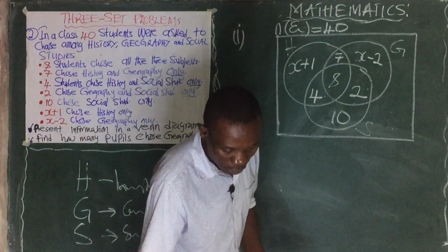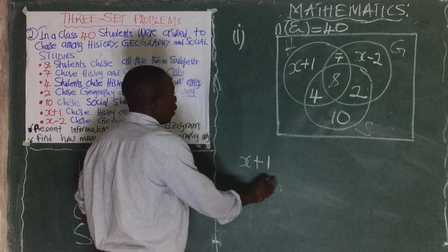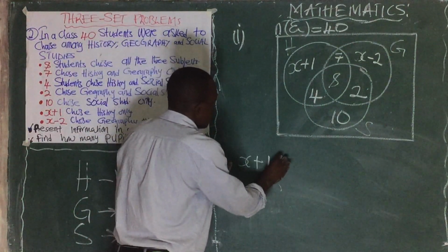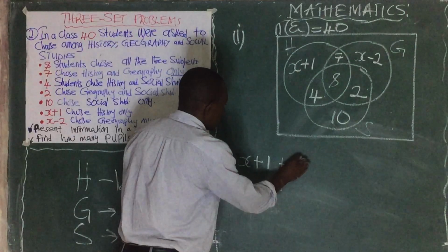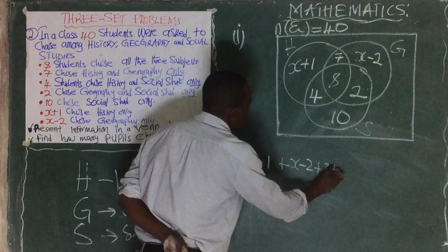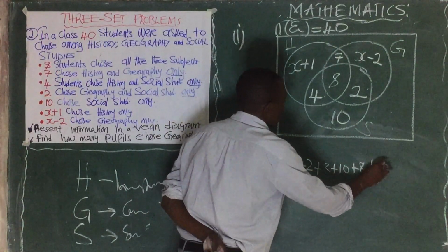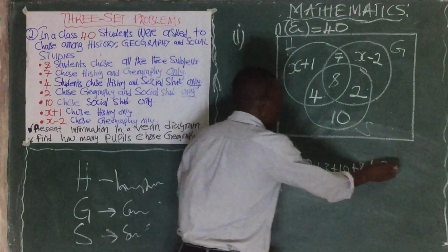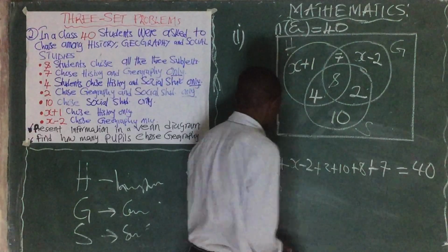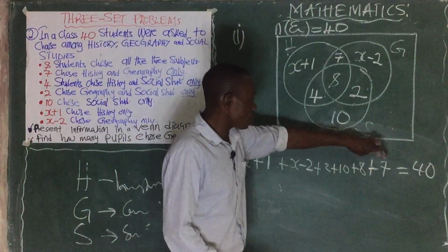So what we have here will be x plus 1, then this one should be added with x minus 2, then plus 2 plus 10 plus 8 plus 7. This should give us what? That is 40. So you talk of 1, 2, 3, 4, 5, 6.